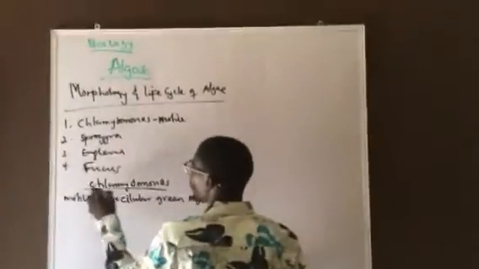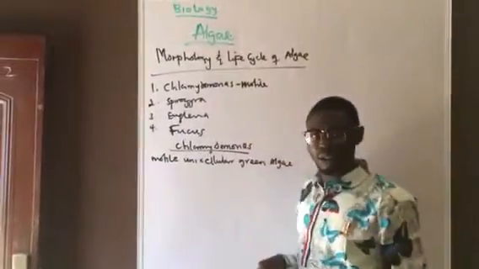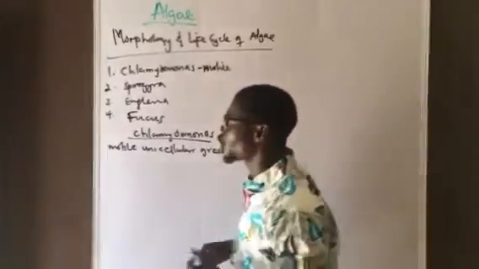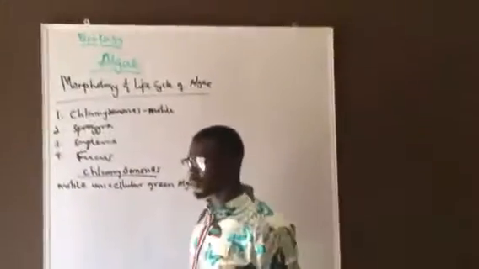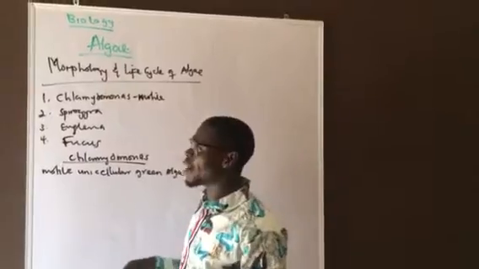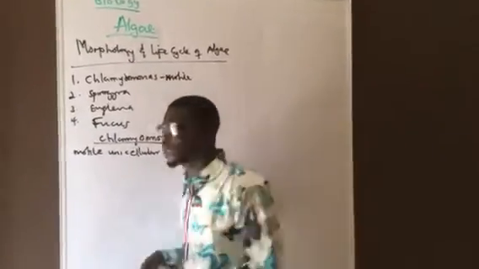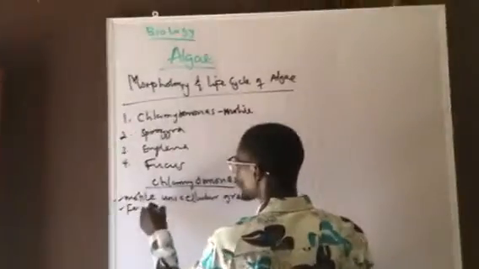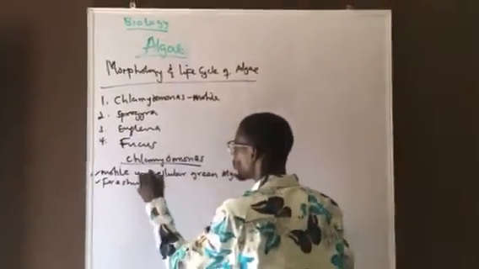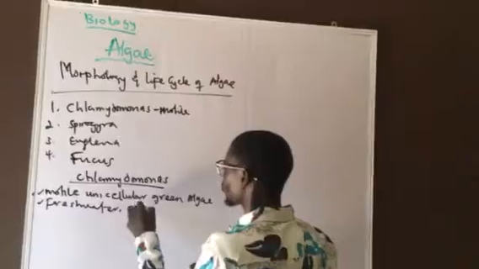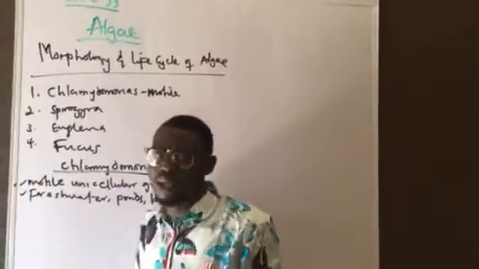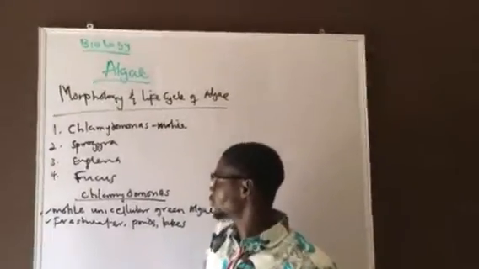And when we talk about the structure or the habitat, where can we find Chlamydomonas? They are usually found in freshwater, probably ponds and lakes, stagnant water. That's where you usually find Chlamydomonas.